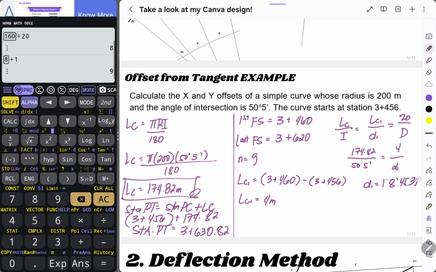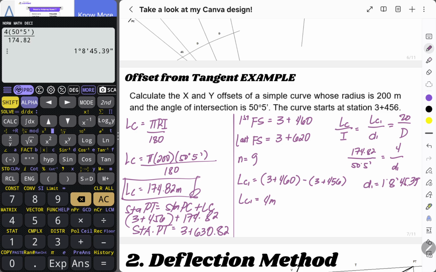Okay. Solve natin. May calcu pala dyan. So, 4 times 55 all over 174.82. So, 1.